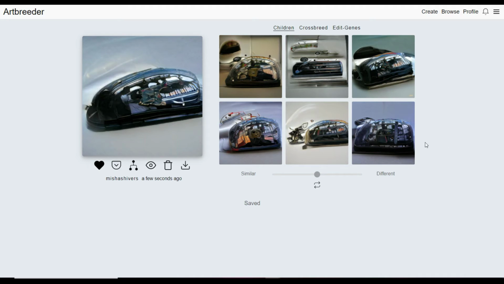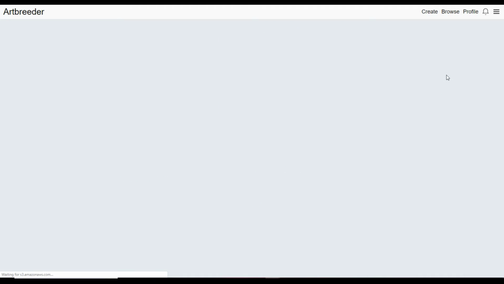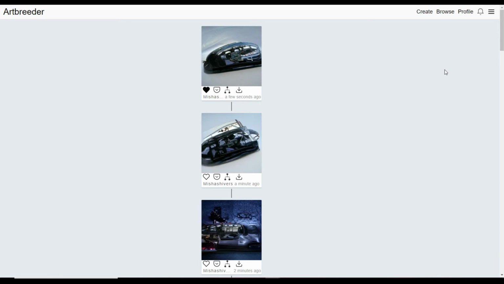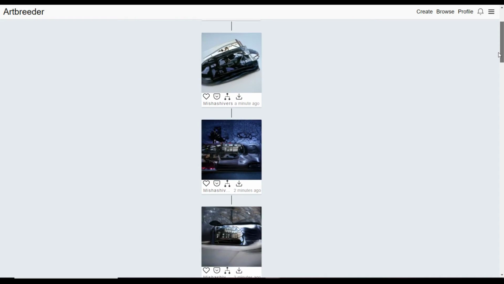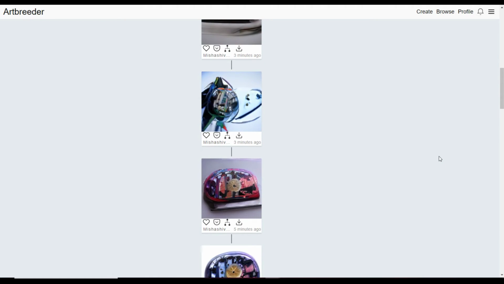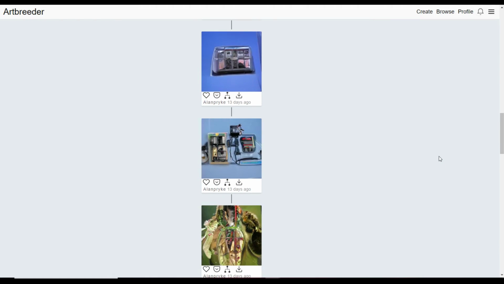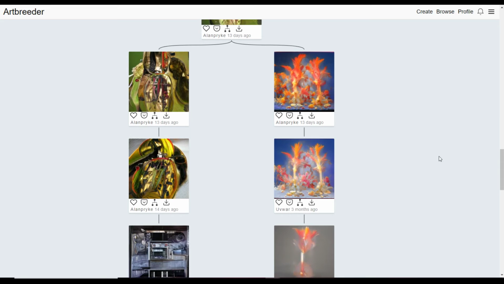This is a nice branch of images, I guess. Let's see where it comes from. With these genetic trees, I actually haven't explored too deeply. I'm sure they're just really, really long.